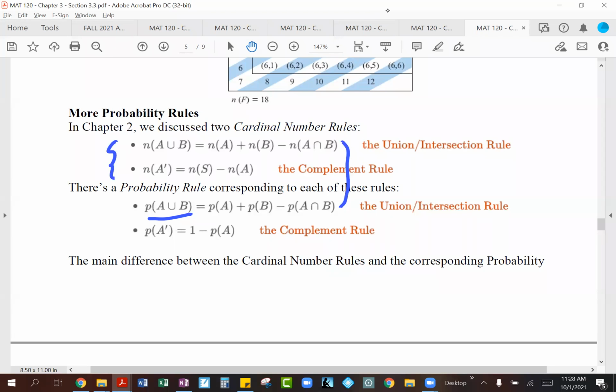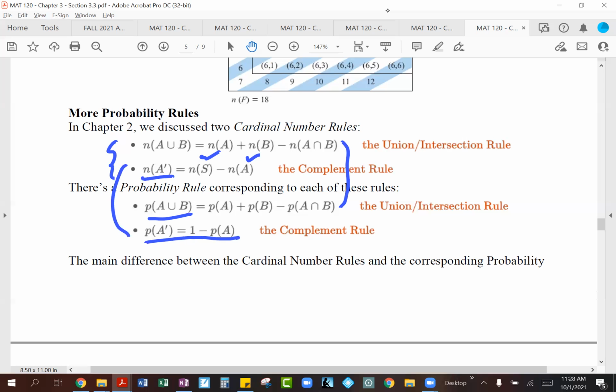For your complement rule, with the complement, you take the size of your sample set, subtract the cardinal number for A, and that gives you the cardinal number for A complement, which is everything that's not in set A, right? So that's the same rule that's translating over here with probabilities.